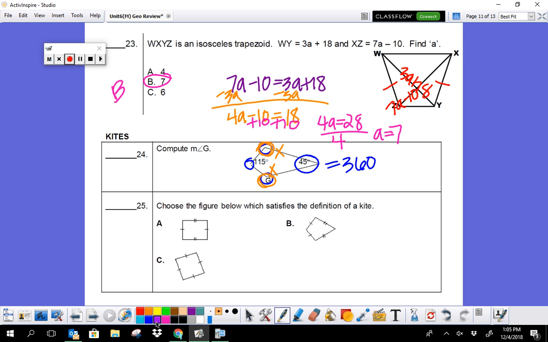So x plus x, that's 2x plus 45 plus 150. That's going to be 160. Okay, equals 360. If I subtract 160, that's 2x equals 200. Divide by 2, and we have x is 100, which means that's what each one of these angles are.